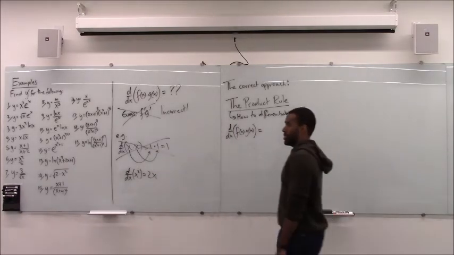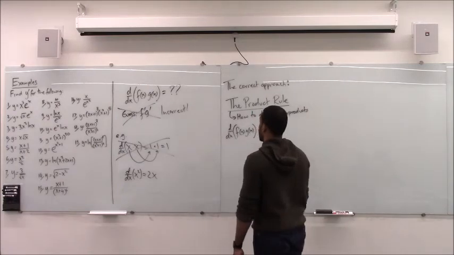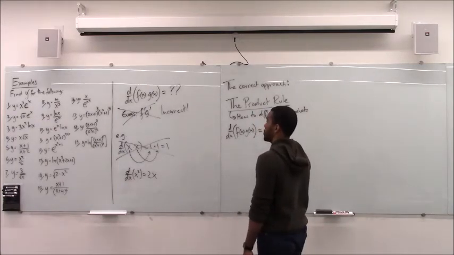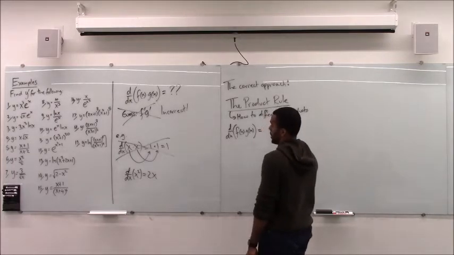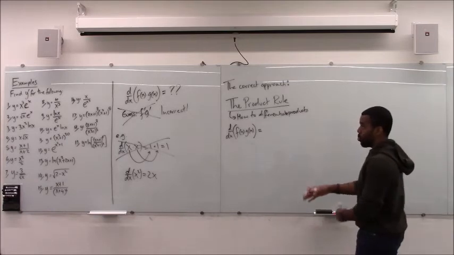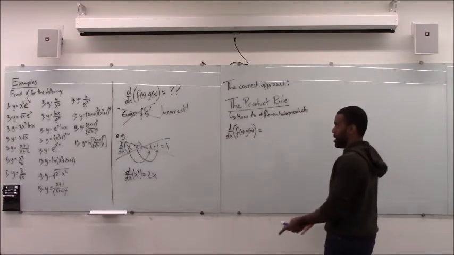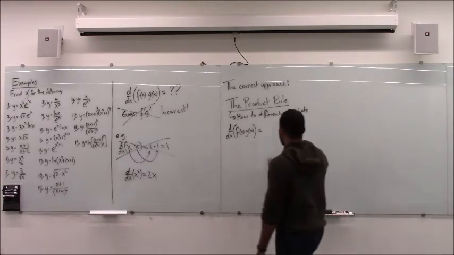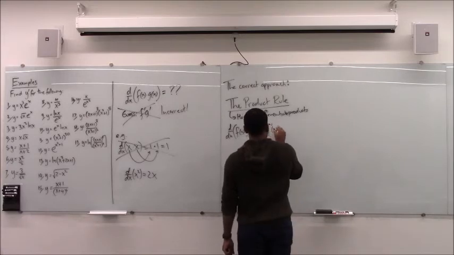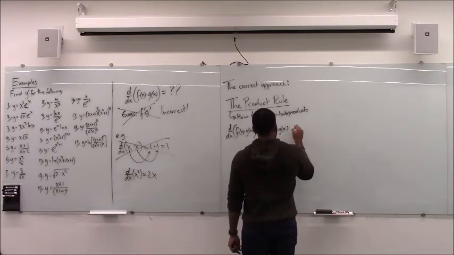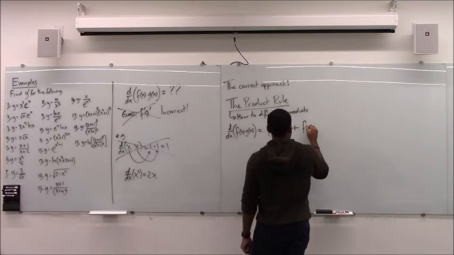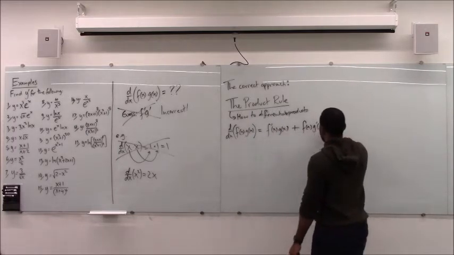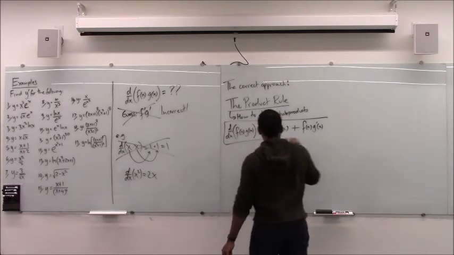Yeah. Is it the first f of x times the derivative of g of x plus g of x times the derivative of f of x? Right. You take the derivative of one function at a time, and then you add all of these guys together. So you can differentiate the f and leave the g, and then plus you leave the f and differentiate the g. This is called the product rule.